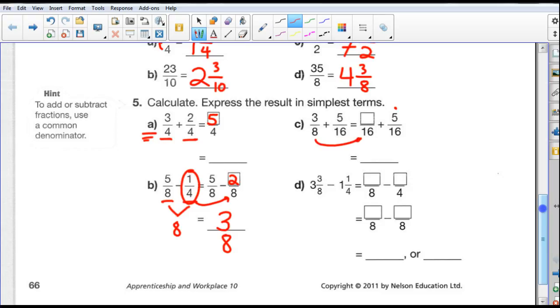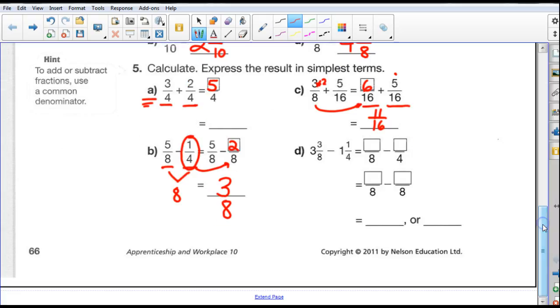So I have to multiply the top numerator by 2. And 3 times 2 is just 6. So I can say that the fraction 6/16 is equivalent to 3/8. Now that they have the same bottom denominators, my answer is going to be over 16. I add the 2 top numerators. 6 plus 5 is 11. Okay? Let's do the last one, D.